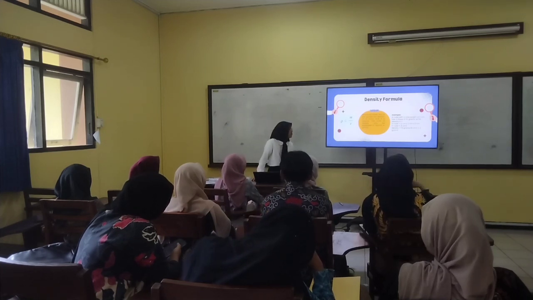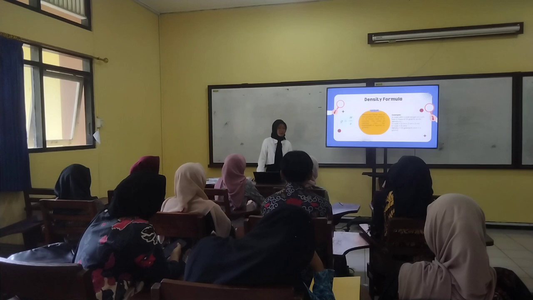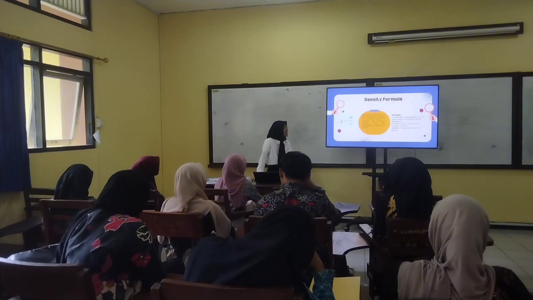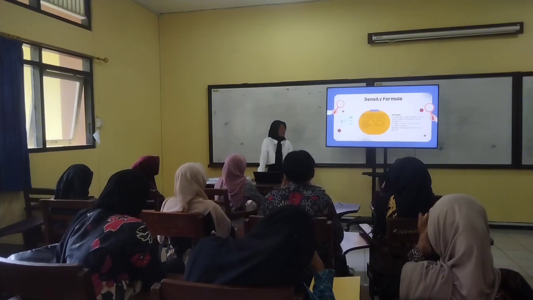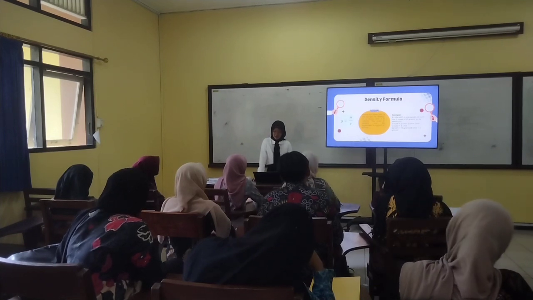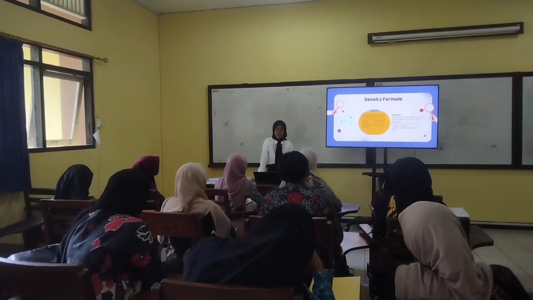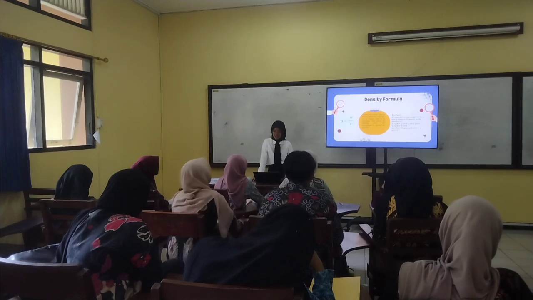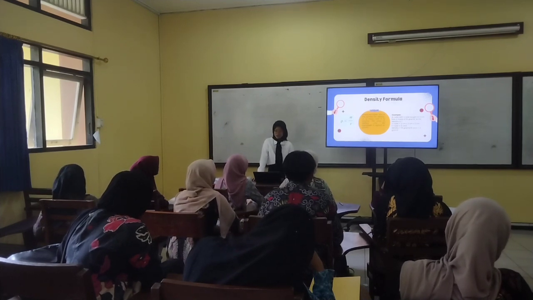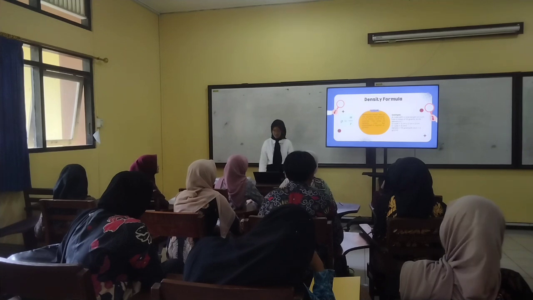Example: a cube with a side length of 2 cm has a mass of 16 gram. Its volume equals 2 cm times 2 cm times 2 cm, so the volume is 8 cubic centimeters. The density is 16 gram per 8 cubic centimeters, equal to 2 gram per cubic centimeter.